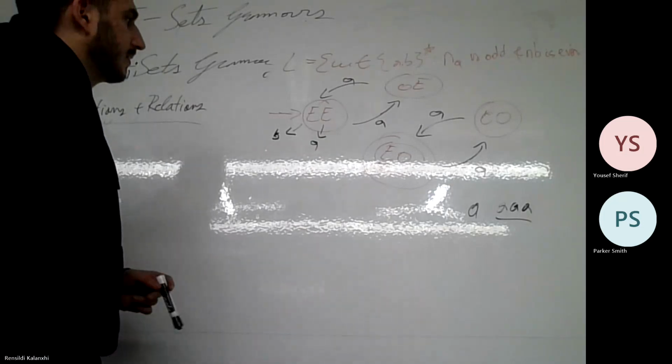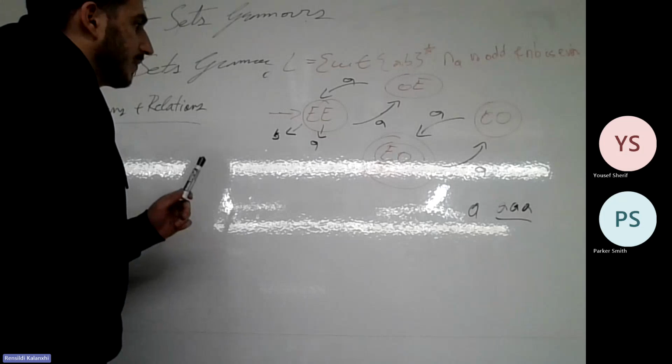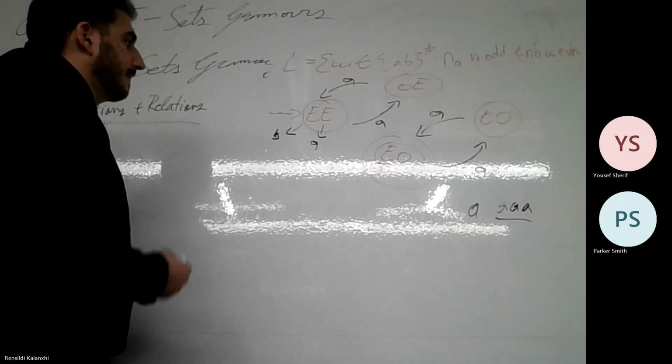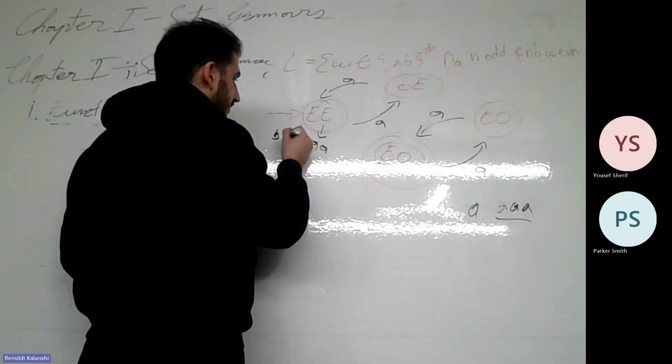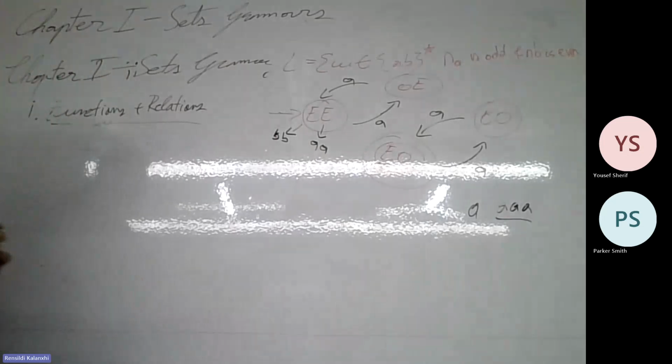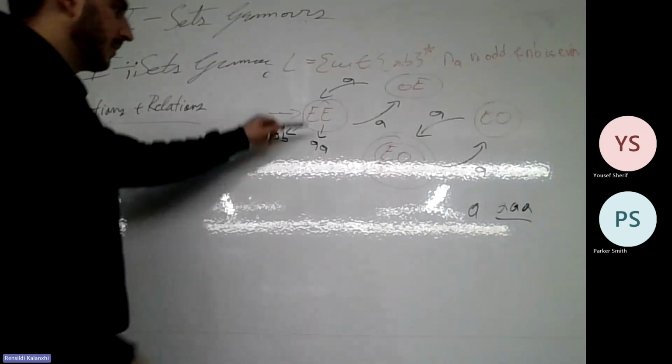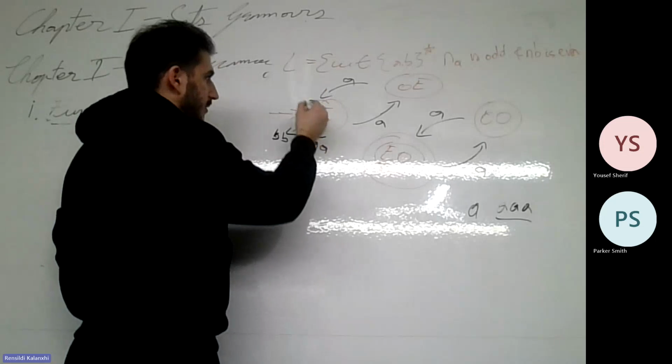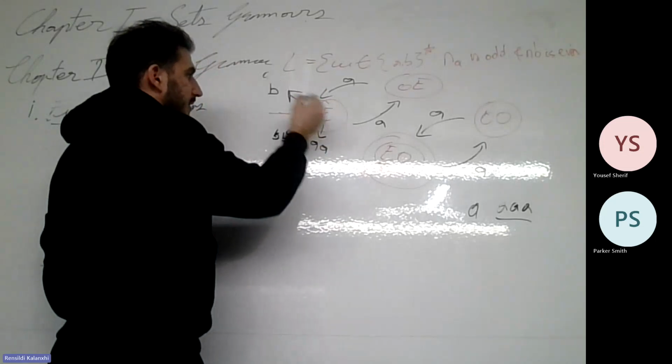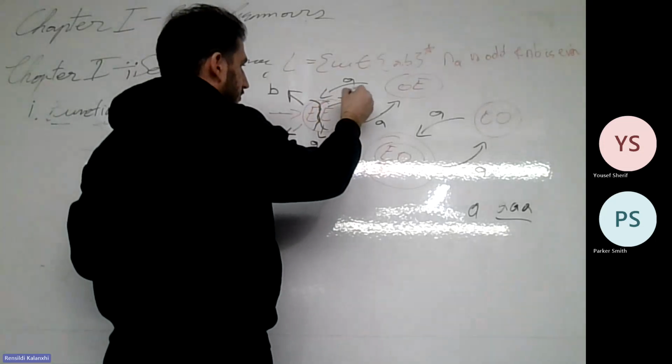Yes. Think of it as this. That's what I'm trying. How would it be A? Okay, this part includes just B's, right? And this part includes just A's.